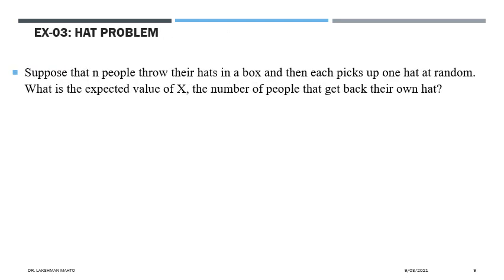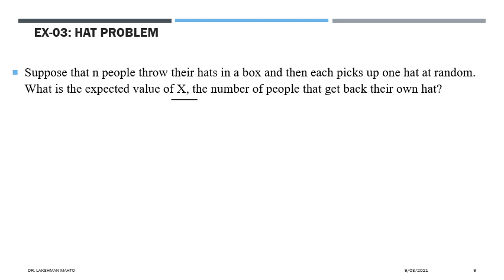Another similar kind of problem, the hat problem. Suppose there are n people, and they throw their hats in a box. Then each one picks one hat at random. What is the expected value of x, that means the number of people that get back their own hat?